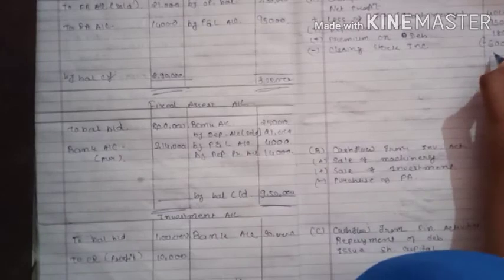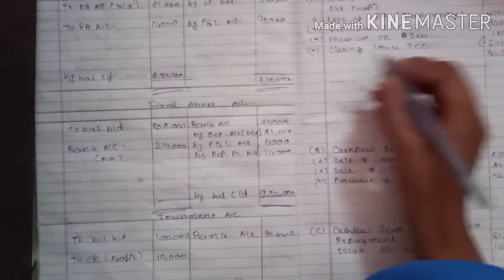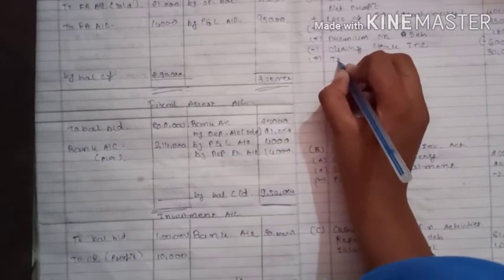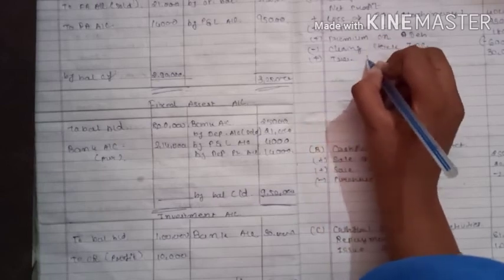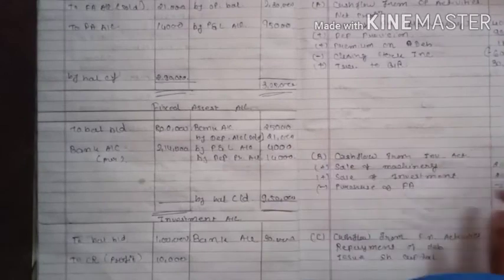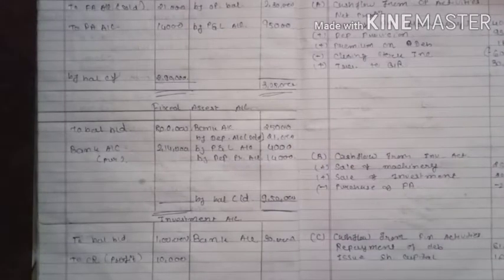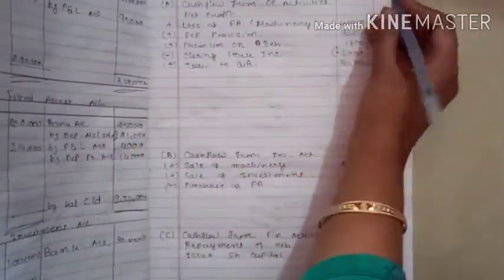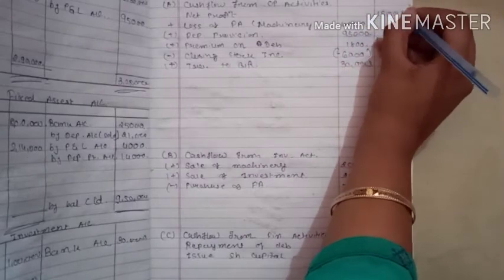So we will put the 30,000 transfer to general reserve, 30,000 rupees. Then P&L account, so let's get the difference, 75,000 minus 60,000, 15,000. So the net profit difference will come 15,000.